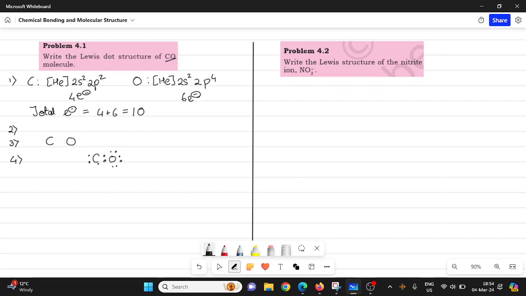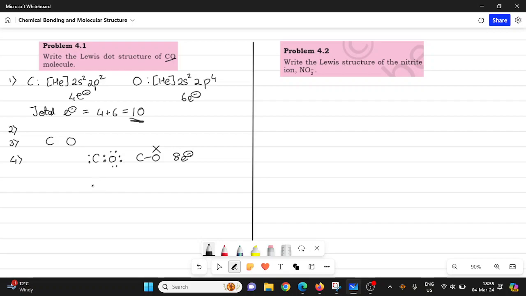So we've written all the 10 valence electrons. However, notice carbon has only 4 electrons in its outermost shell, whereas the goal is for us to get to 8 electrons for each of the atoms. And that's not happening when it is a single bond. So it doesn't work. Now let's move on to assuming it has a double bond.